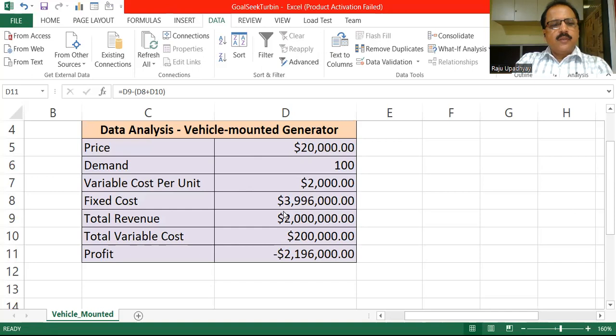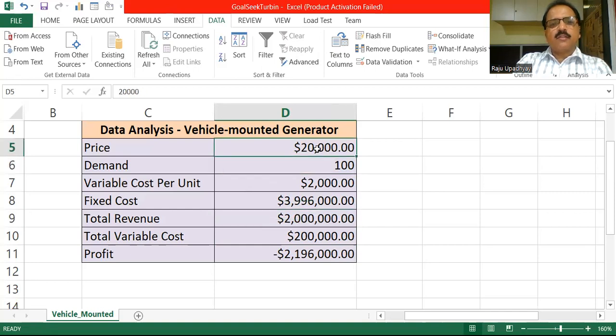In this figure, you can notice the total revenue value indicates the amount generated by selling 100 quantity of generators. Here the demand is 100 quantity, and for this we have got the total revenue.